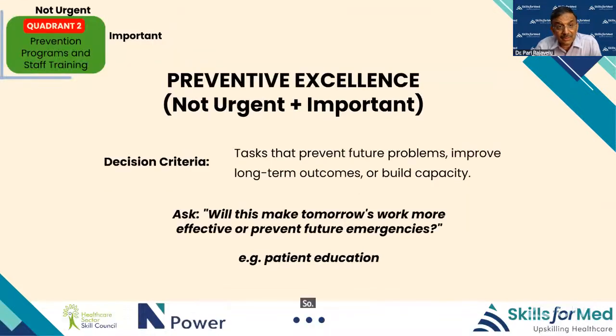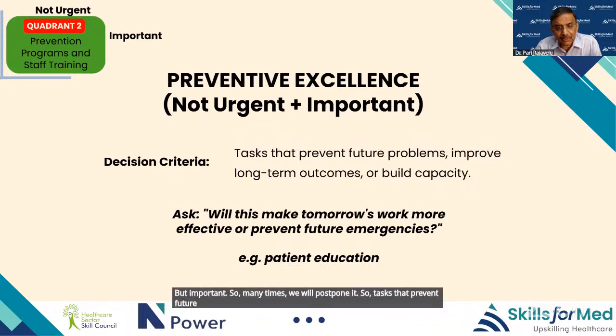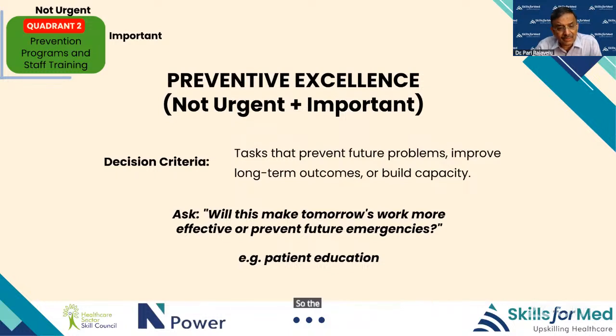So quadrant two, as I said, is the most important because it is not urgent but important. So many times we will postpone it. These are tasks that prevent future problems, improve long-term outcomes, or build capacity. So the question to ask is, will this make tomorrow's work more effective or prevent future emergencies? This webinar is a very typical example of quadrant two activities.